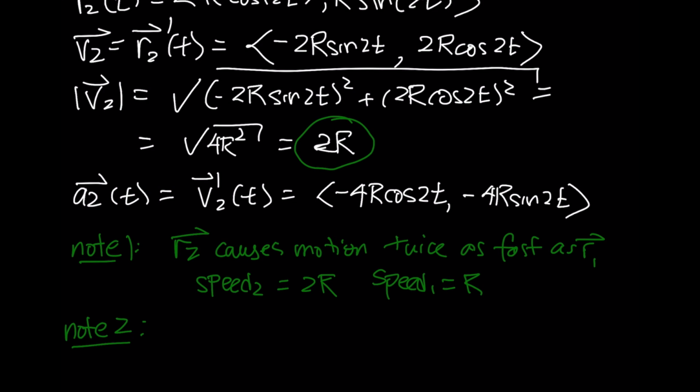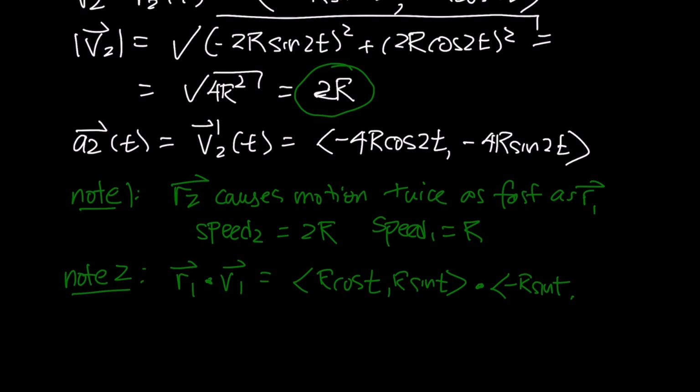Now, if I were to take the path of the first case, r cos t, r sin t, dotted with its velocity, negative r sin t and r cos t, what I would end up getting would be negative r squared sin t cos t plus r squared sin t cos t. That gives me a 0.